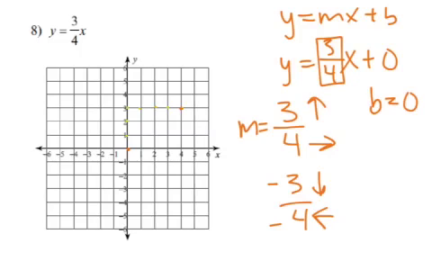Draw my point. And I could go up 3 and to the right 4 again. Or I could go the opposite way and go down 3, 1, 2, 3, to the left 4, 1, 2, 3, 4. Notice despite going down and to the left, I'm still maintaining, as I look left to right, that positive slope. Okay? And there we go.